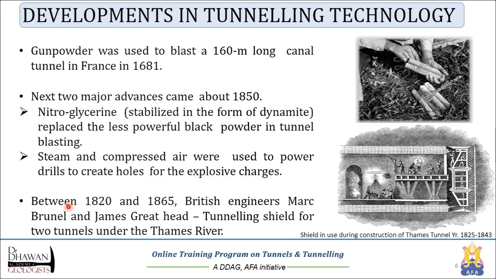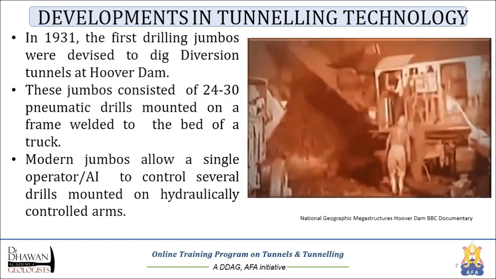In the same period of time between 1820 and 1865, British engineers Mark Brunel and James Greathead used tunneling shield for two tunnels under Thames River. The first drilling jumbos were devised to dig diversion tunnels at Hoover Dam.